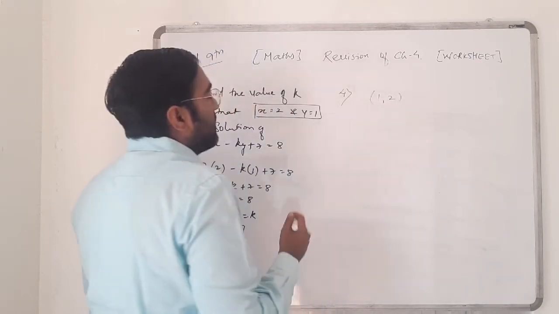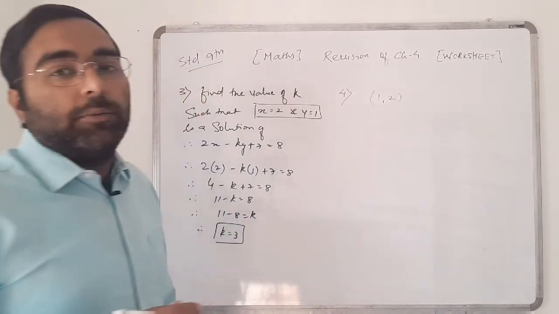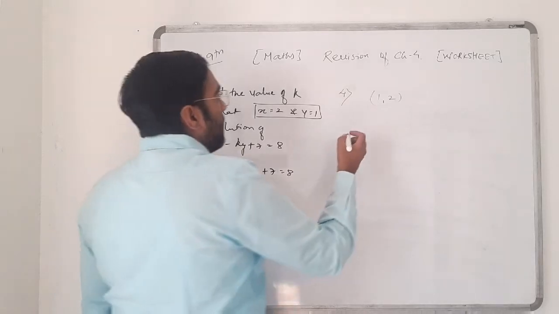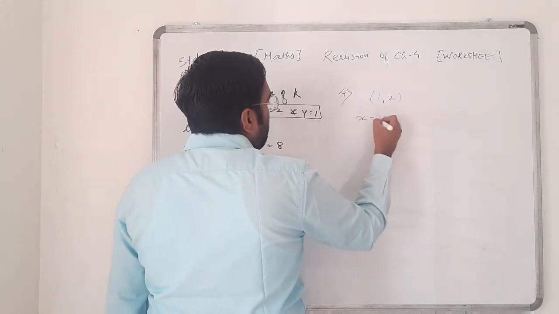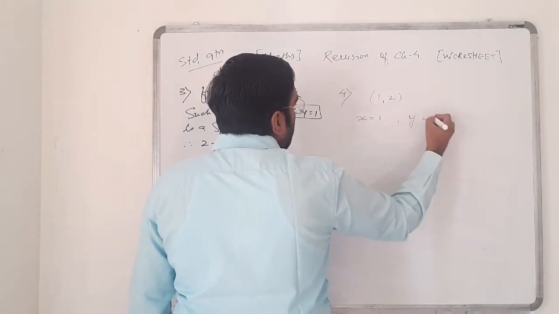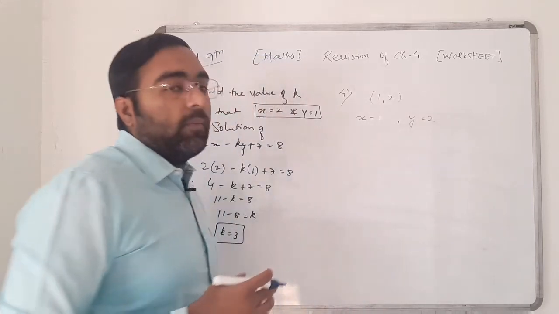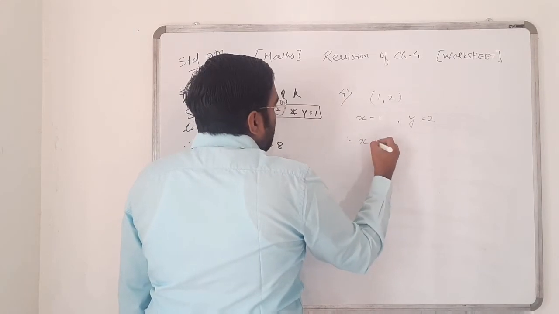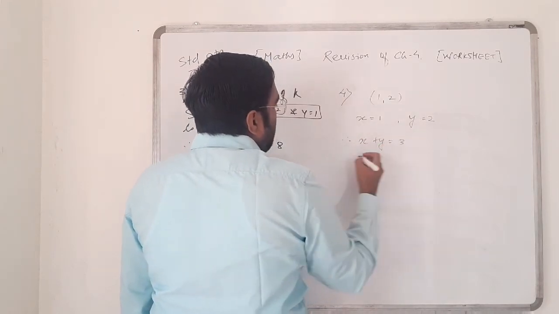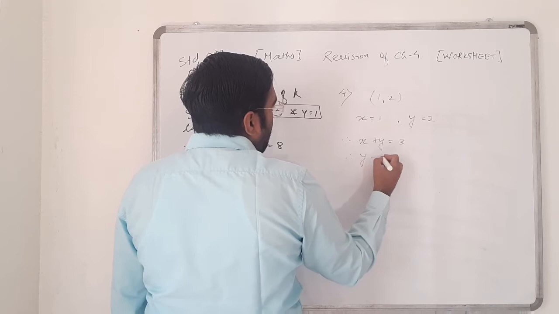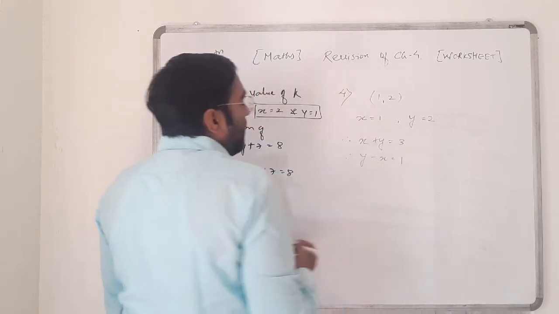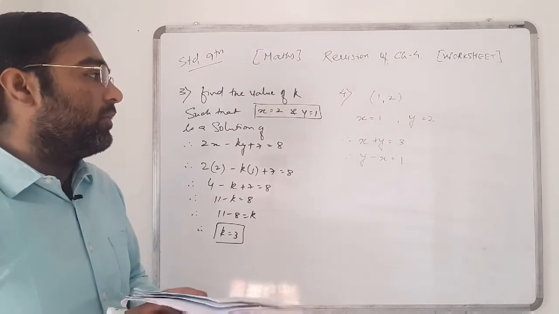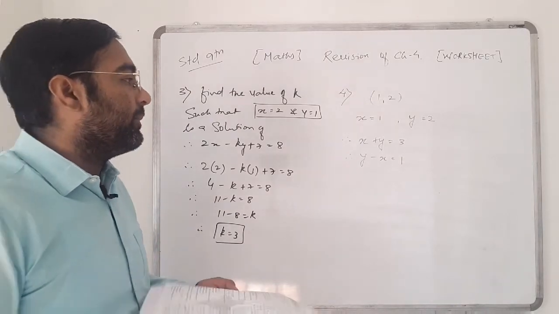There are mostly many equations that can be formed, like we should take x equal to 1 and y equal to 2. Okay, so therefore you can make the equation x plus y equal to 3, or you can form y minus x equal to 1. Okay, so this kind of equation you can form here.